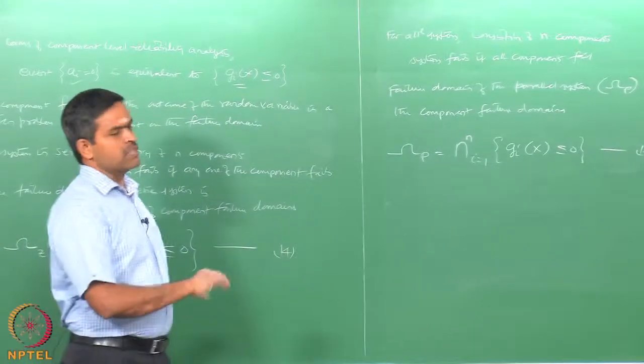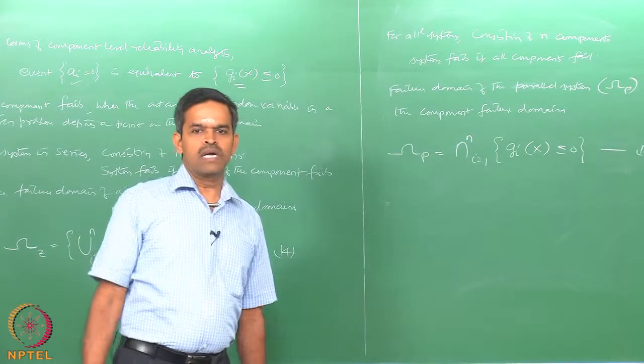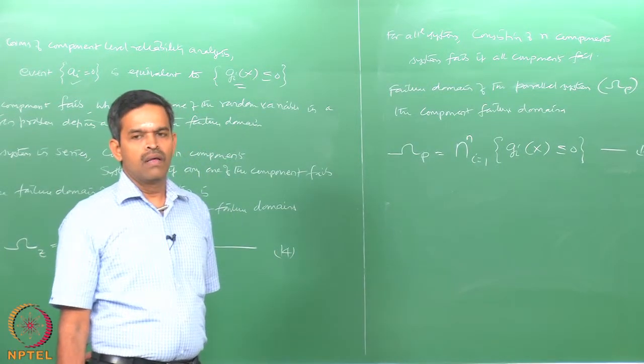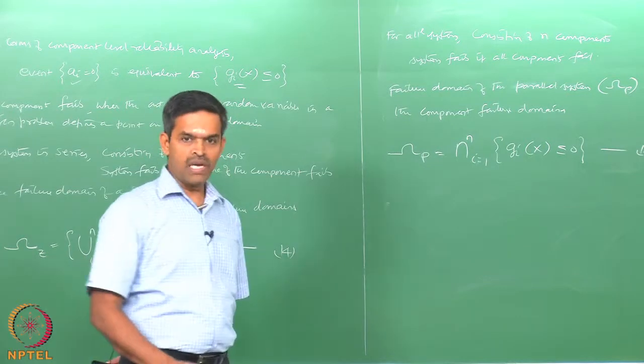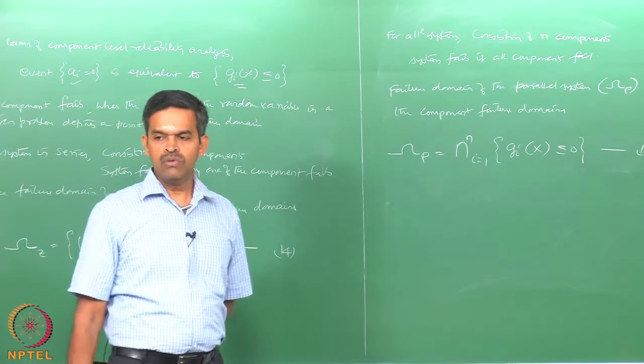So, we will try to plot these failure domains and understand the limit state function surfaces, which indicate the region which is safe and the region corresponding to failure.